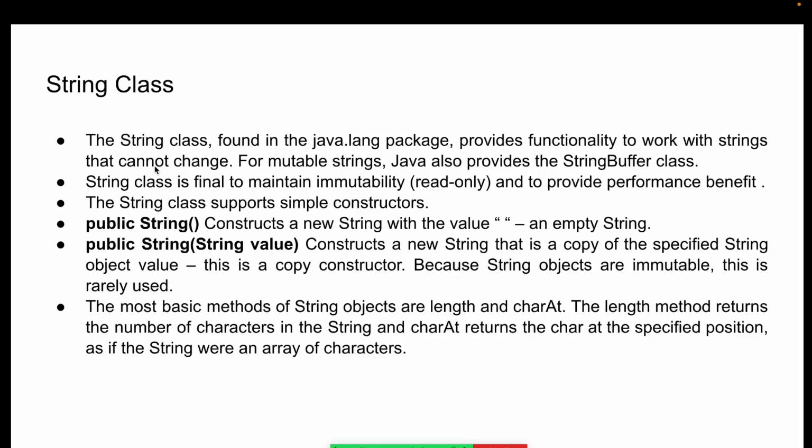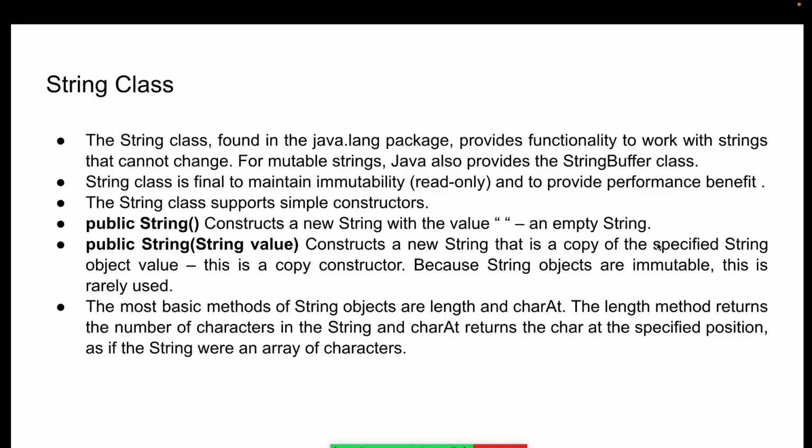So we have seen this point. String class is final to maintain immutability, read only, and to provide performance benefit. The String class supports simple constructors. So public String constructs a new string with the value of an empty string. Okay, this is fine.